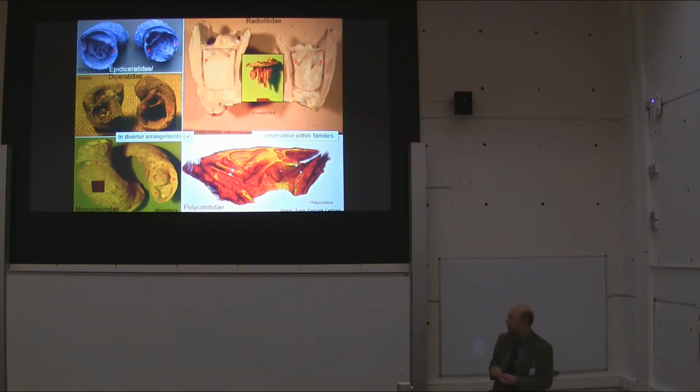So, for example, we start at the top left-hand side with the primitive configuration I've just been talking about. Beneath that, we have a slightly more derived disserrated, where both the adductor muscles have become much shorter. So now those myophoral ledges are raised up just to become ventral extensions of the hinge plates, but they're still more or less parallel with the commissural plane.